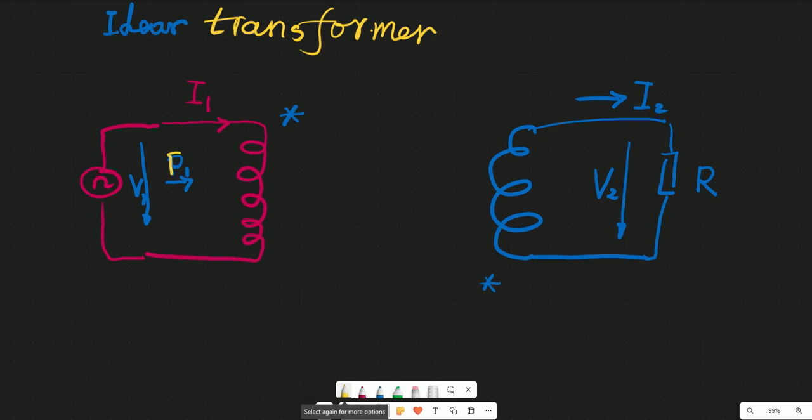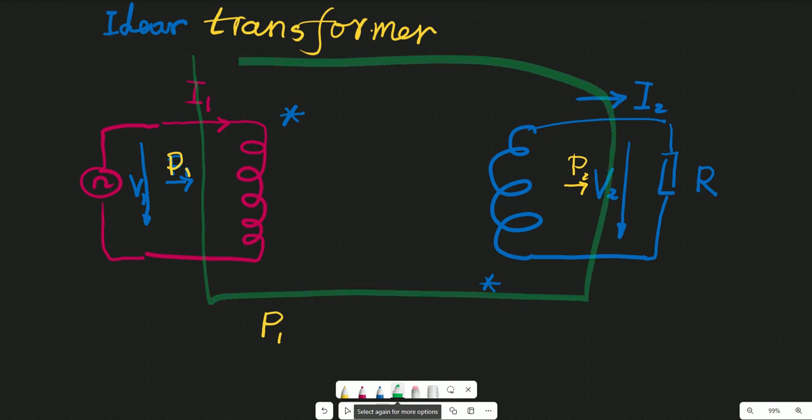Here there is also a P2 given to the resistor.